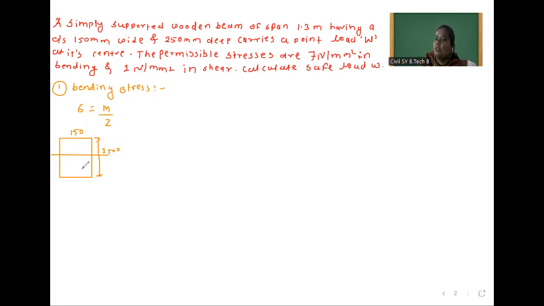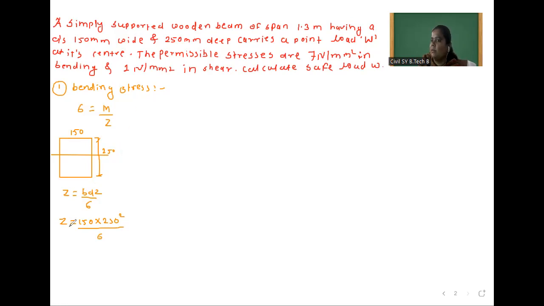So section modulus for rectangular section is I by y max, but directly BD square divided by 6. So Z is equal to 150 into 250 square divided by 6.